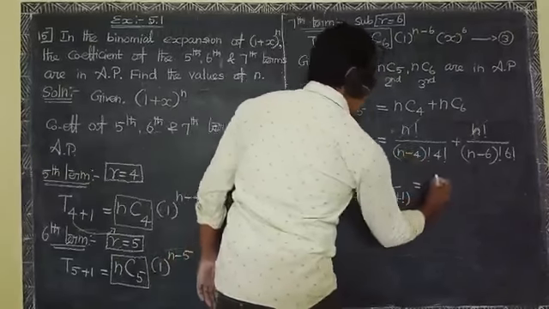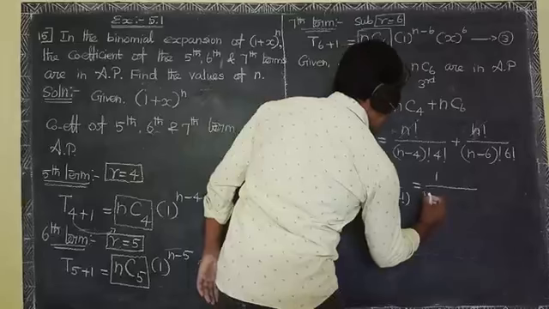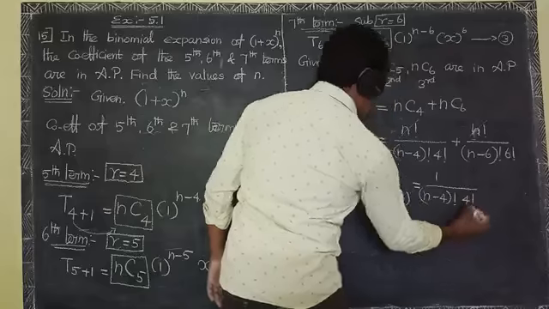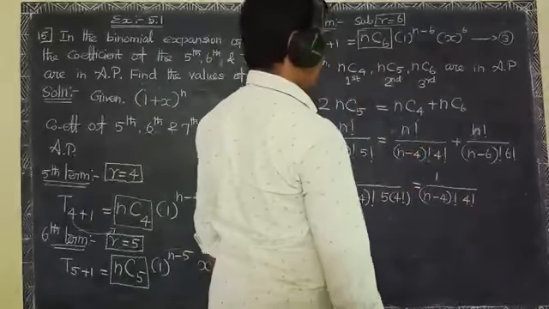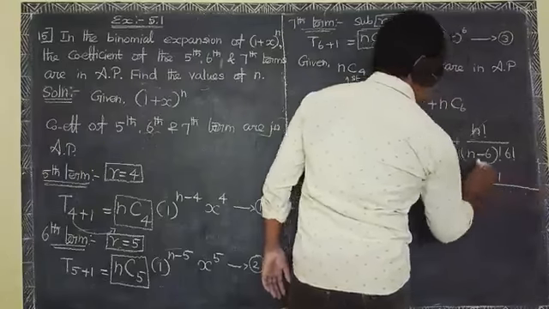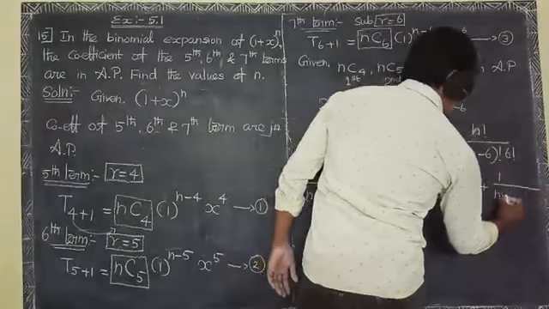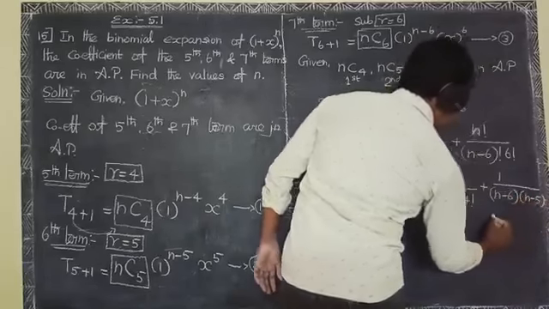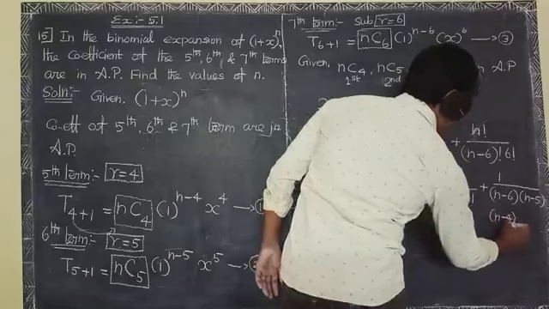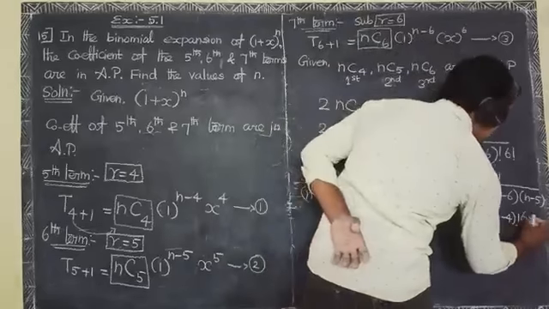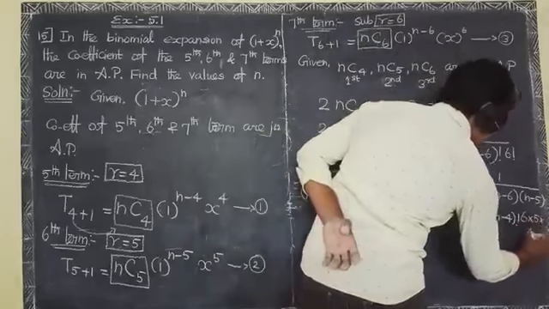Right hand side, 1 divided by (n minus 4) factorial into 4 factorial, plus 1 divided by (n minus 6) factorial, which is (n minus 6) into (n minus 5) into (n minus 4) factorial, and 6 factorial changes to 6 into 5 into 4 factorial.